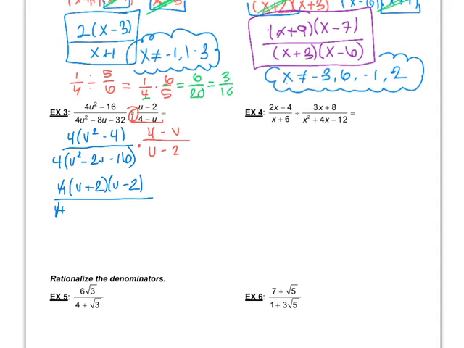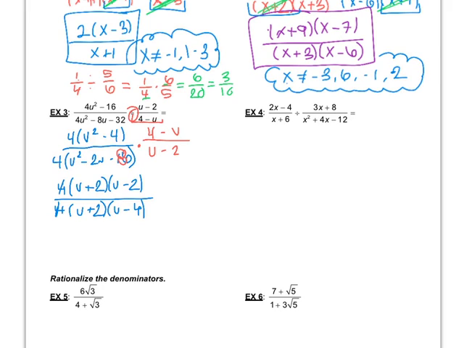My bad. That should be 32 divided by 4, which is 8. Two numbers that multiply to negative 8 and add to negative 2. So that would be u plus 2 times u minus 4. Yes, okay.